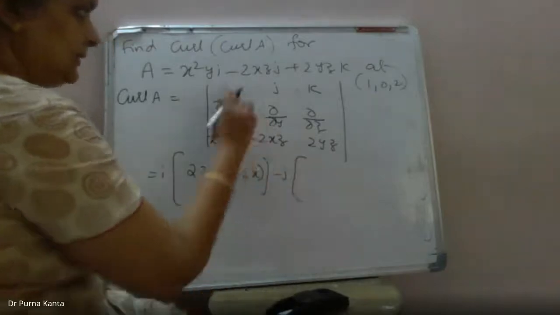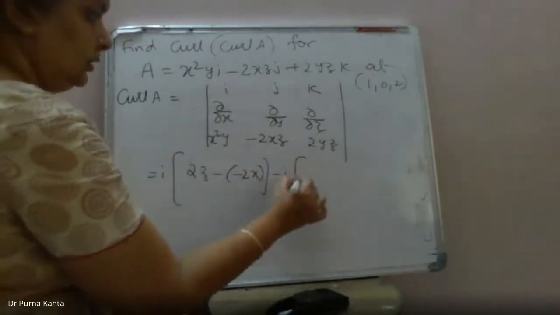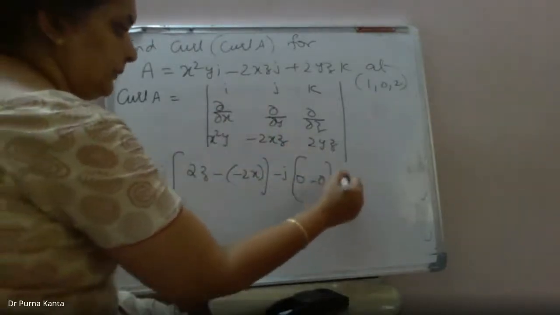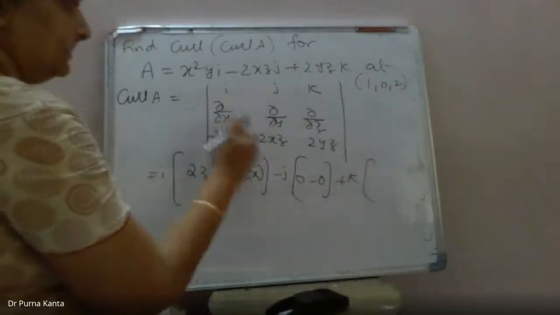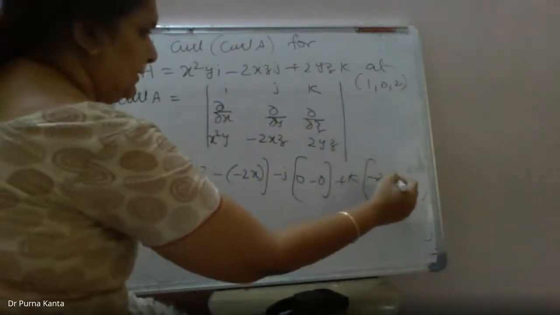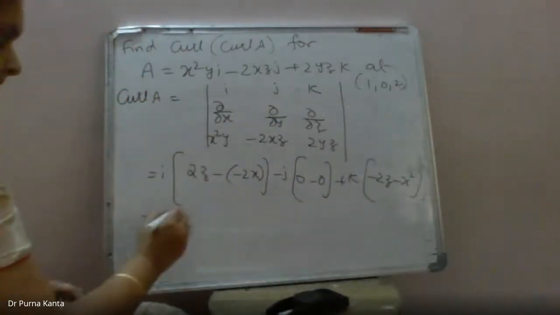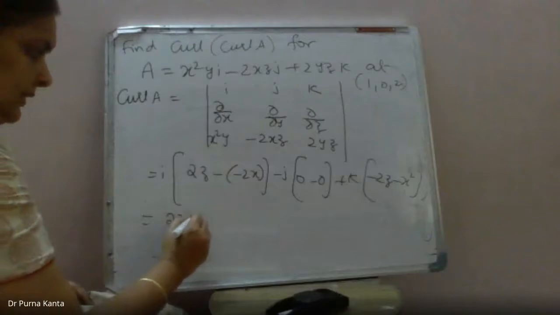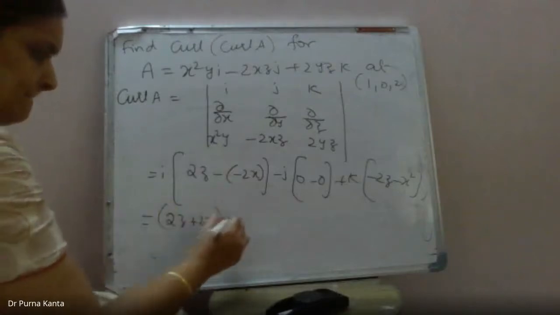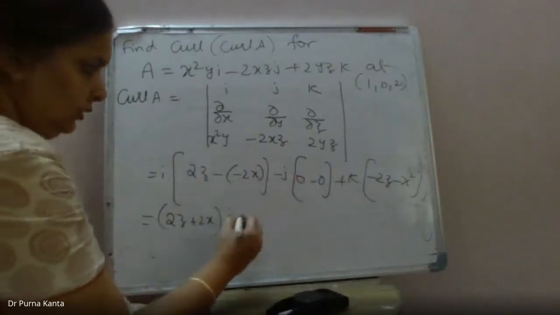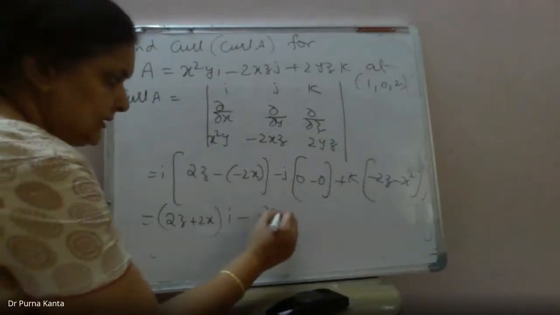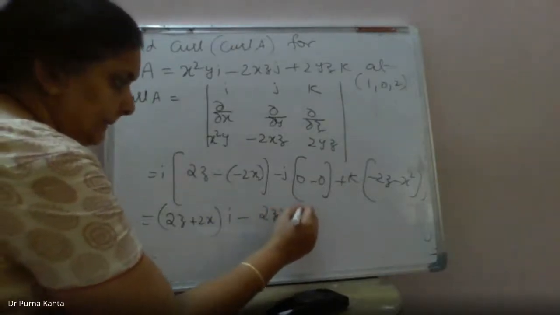Minus j times: ∂/∂x is 0, ∂/∂z is also 0. Plus k times: ∂/∂x is minus 2z, minus ∂/∂y is x square. So we get (2z plus 2x) i, j component 0, minus 2z minus x square.